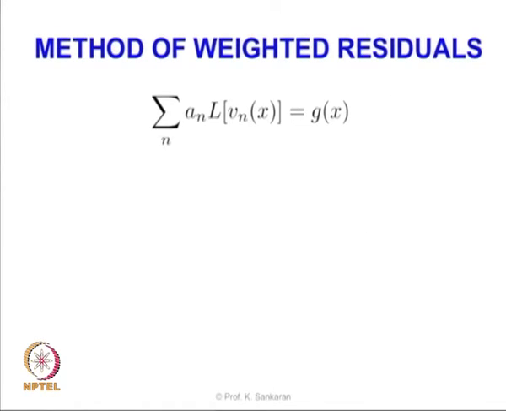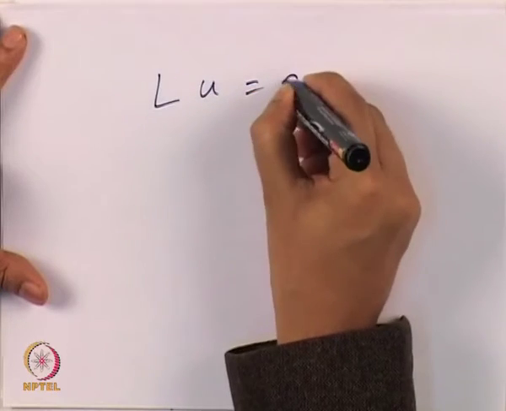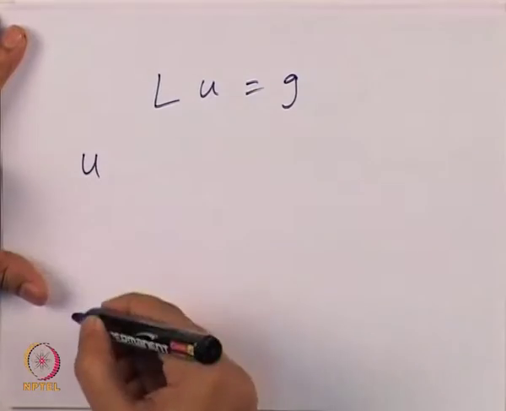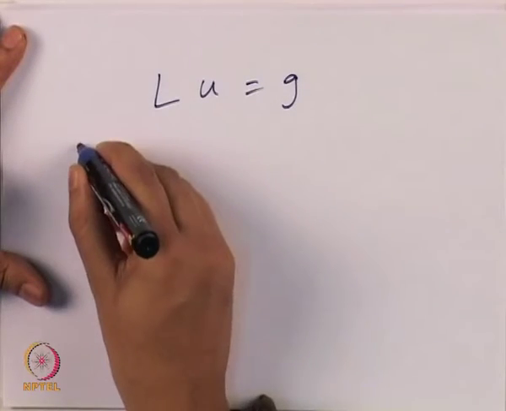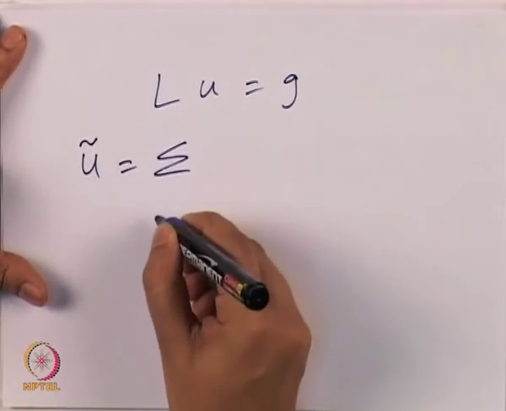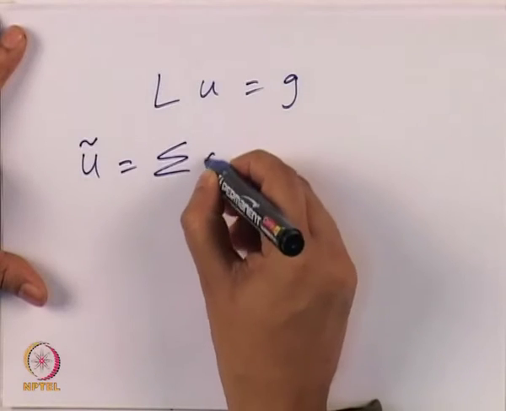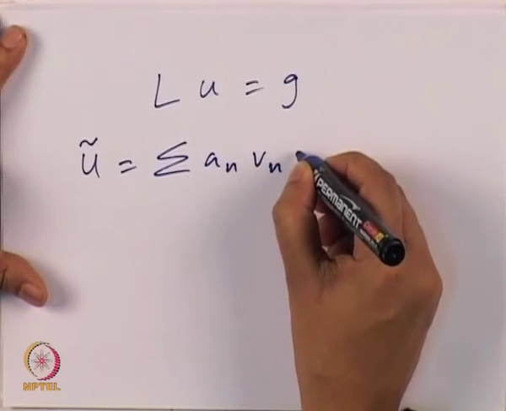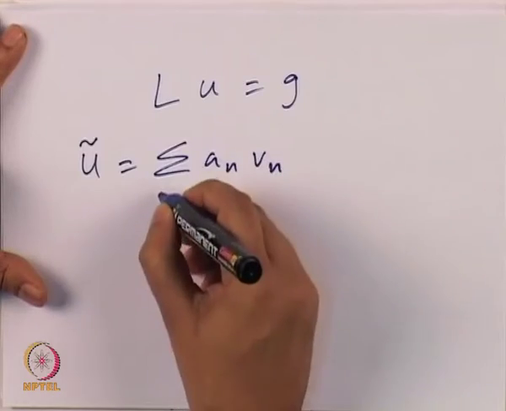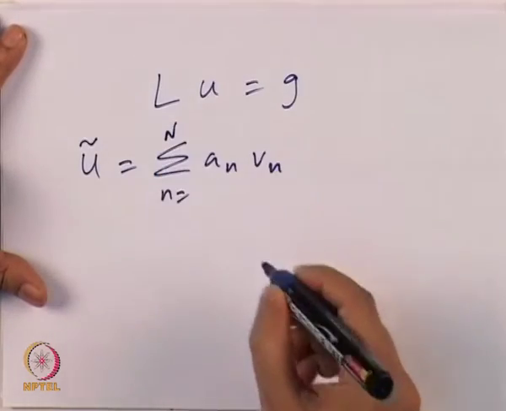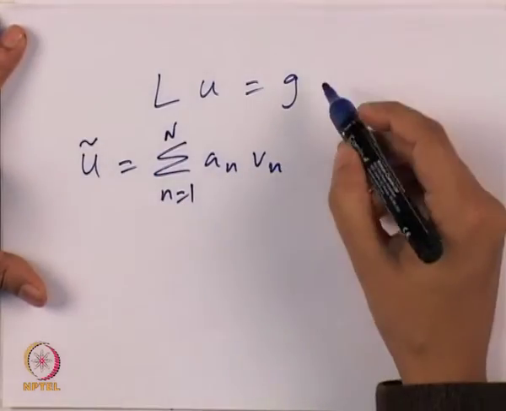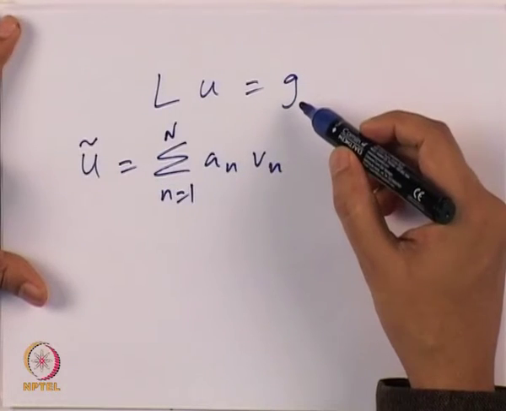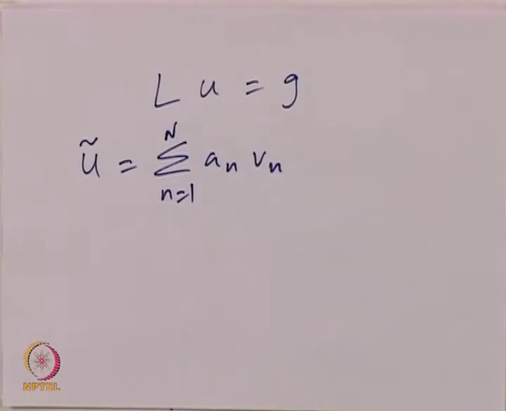So what we are doing here is, remember our first equation is L of u is equal to g, and u is written as the sum of a of n, v of n, with n going from 1 to N, and we have g, which is the given forcing function, it is known.